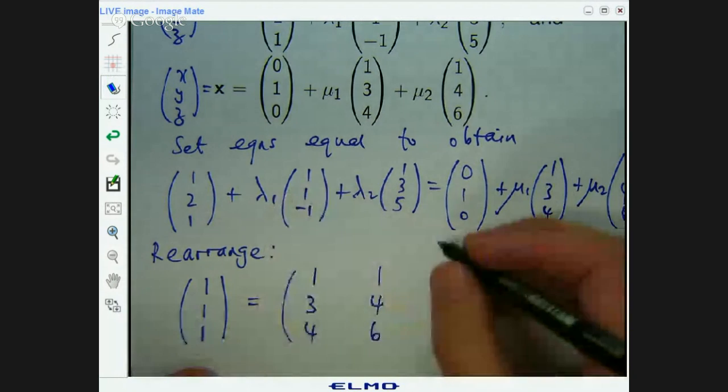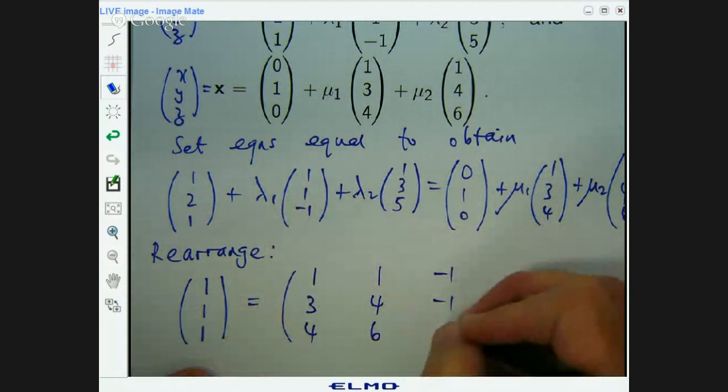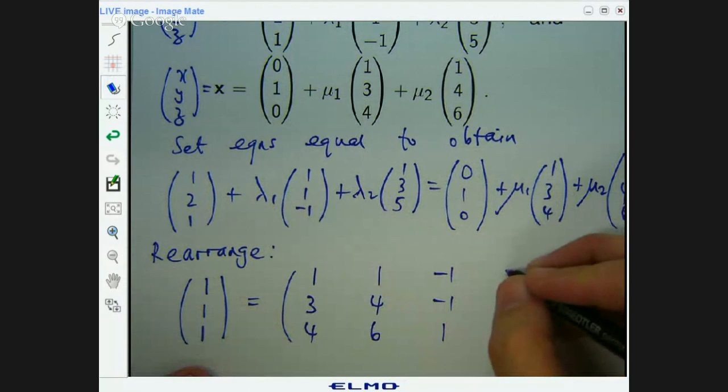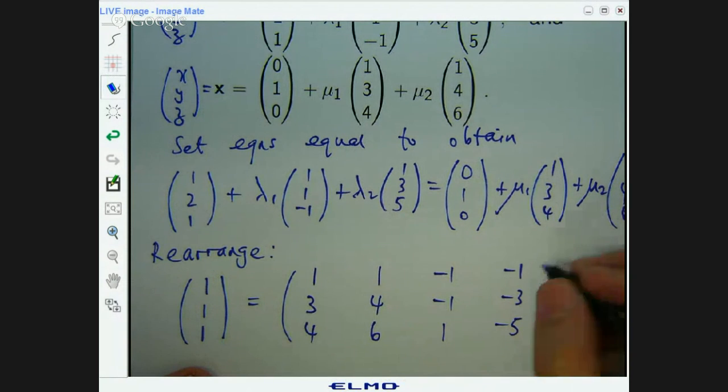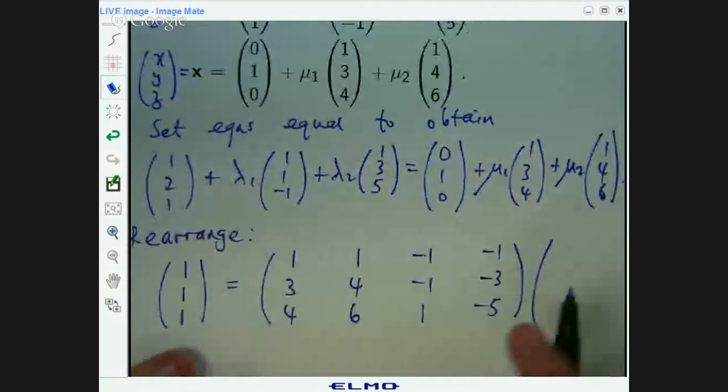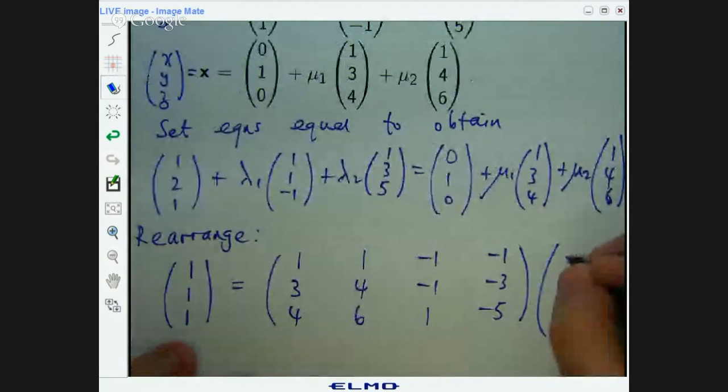Let's bring that over there. I'll get negative 1, negative 1, 1, negative 1, negative 3, negative 5. And just to be really definite, I'll put the mu 1 here, the mu 2 here, the lambda 1 here, and the lambda 2 here.